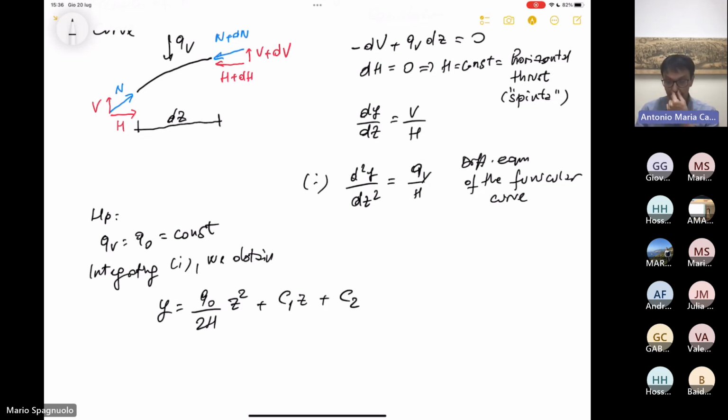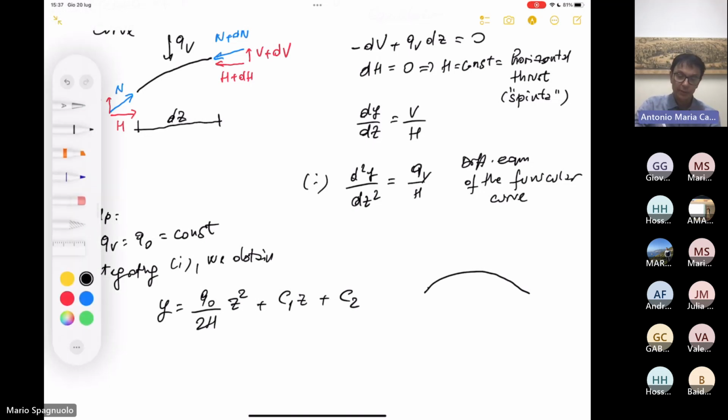This is if we require that, now using this system, the span goes from minus a to plus a, where 2a is equal to L.